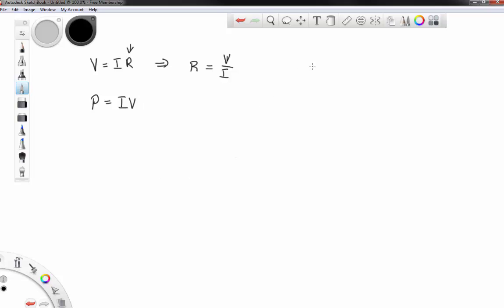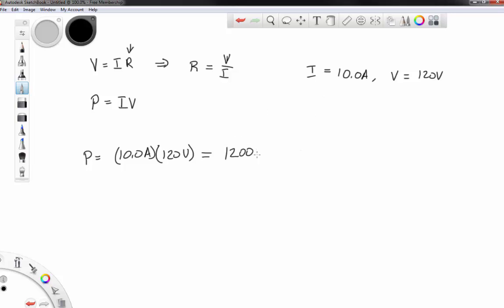The other equation that we need to use is that power is equal to the current times the voltage. Alright, so we were given that the current is 10 amps, and the voltage draw was 120 volts. So this means that the power is 10.0 amps times 120 volts.